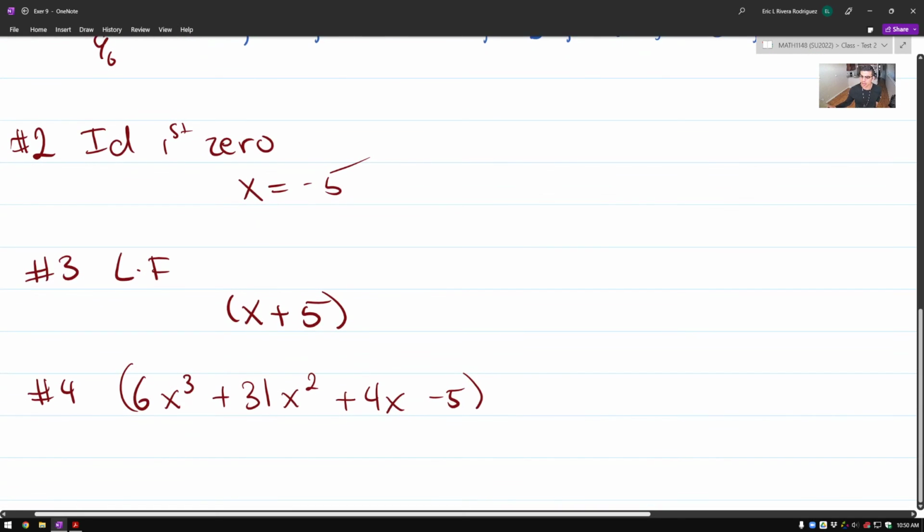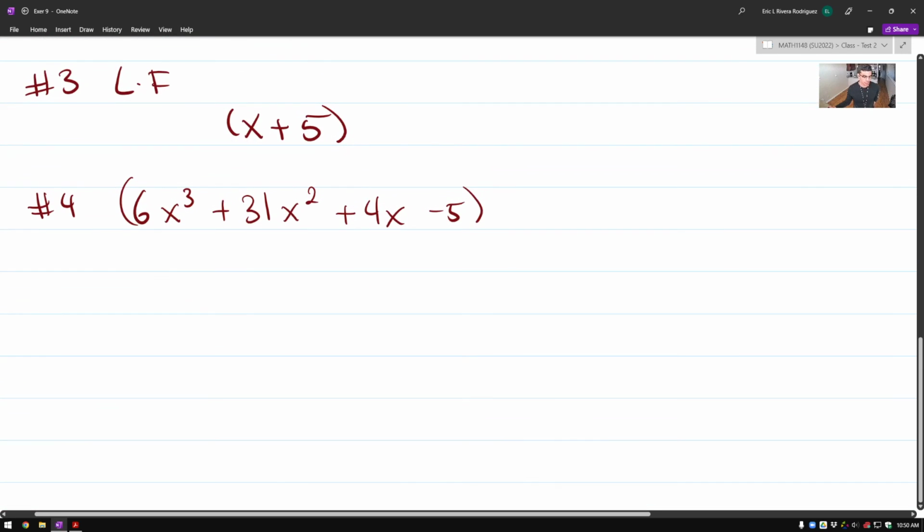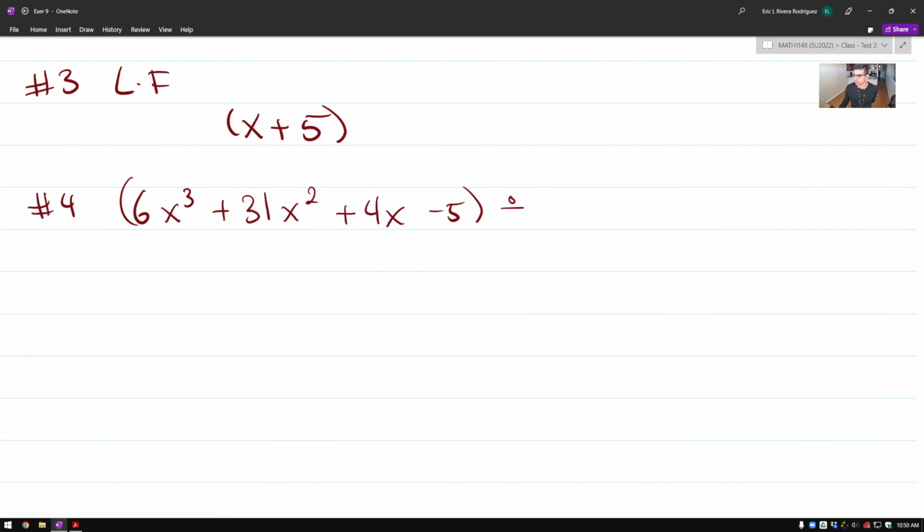So we are going to divide the polynomial by this factor. Because the factor of the polynomial is a linear factor, we can do synthetic division.